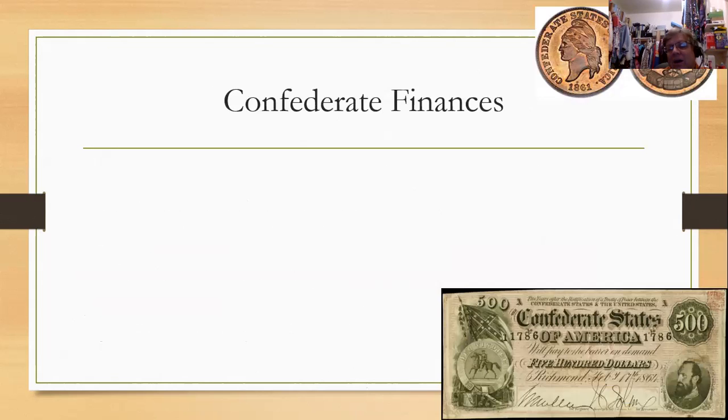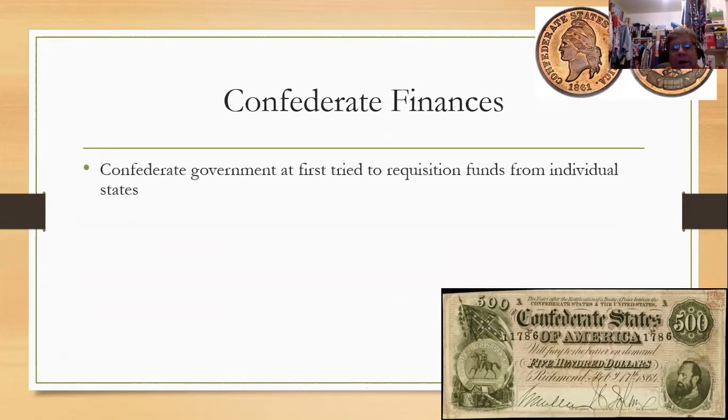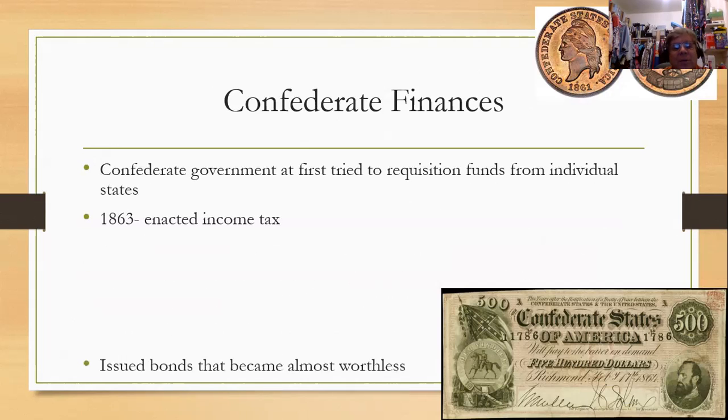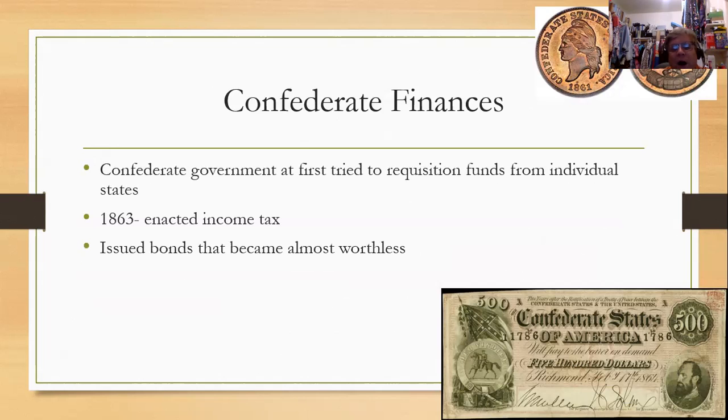The Confederacy had a harder time financing the war. They tried to get funds from individual states, kind of like originally the United States had done under the Articles of Confederation. That didn't work any better this time. In 1863, the Confederacy imposed an income tax. They also issued bonds. In other words, they borrow money from citizens who buy a bond that's supposed to be worth more in, say, 4 or 5 years, but those bonds became almost worthless.